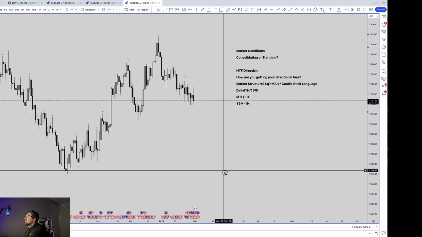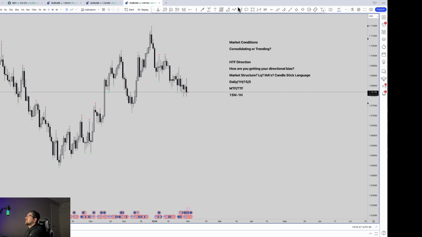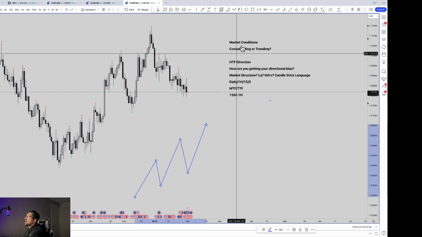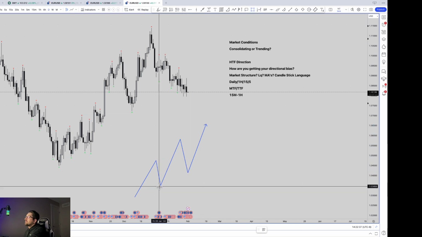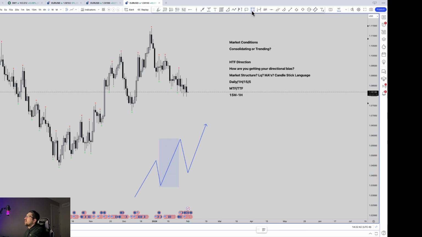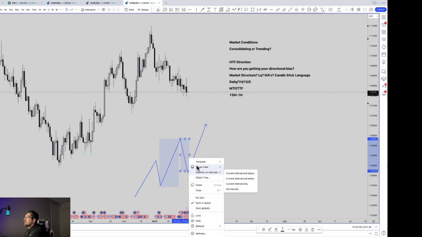So for me, it all comes down to if the market is trending and my daily is looking like this, I have to understand what phase I'm in. Am I currently in the bullish phase, or am I currently in the pullback phase?